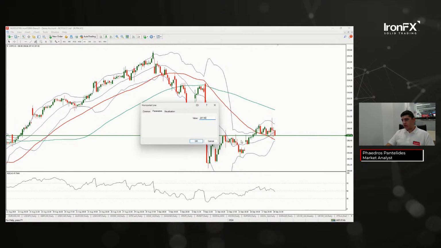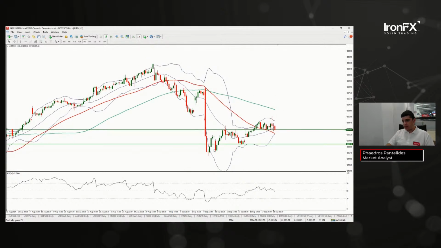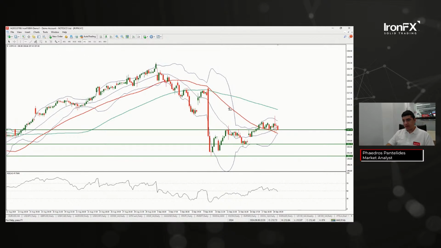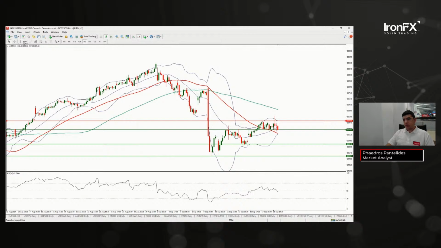So that S1 level is 207.50, which is where the stock price is currently at. Lower than that, I'm seeing support around here on three different occasions. It's nice. And then the swing low, that is my S3. For resistance, I will be placing this high here. That is one.